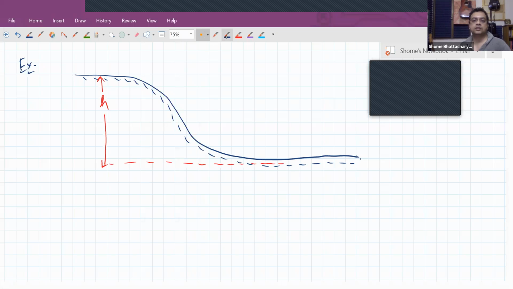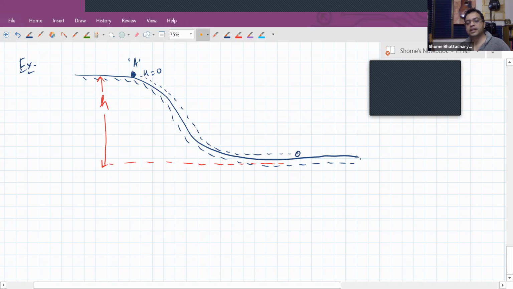This is known to us. Now a particle is just released from rest over here. It comes sliding down because of the slope and gravity acting on it. By the time it reaches here, it has some speed v. This is a smooth, frictionless surface.